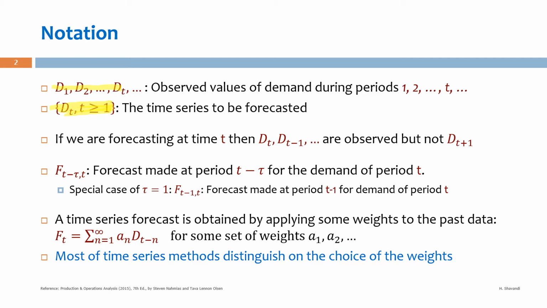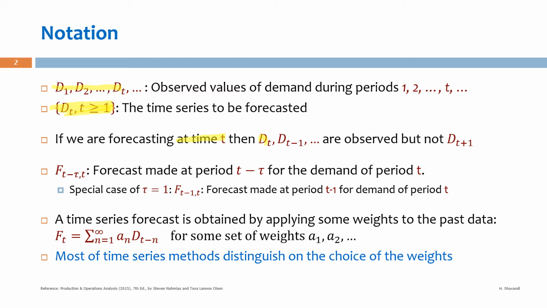Okay, and if we are going to forecast at time t, so we are at time t and we are going to make a forecast. This means that since we are at time t, we know the demand of time t, so we are going to make a forecast for demand of time t plus 1.